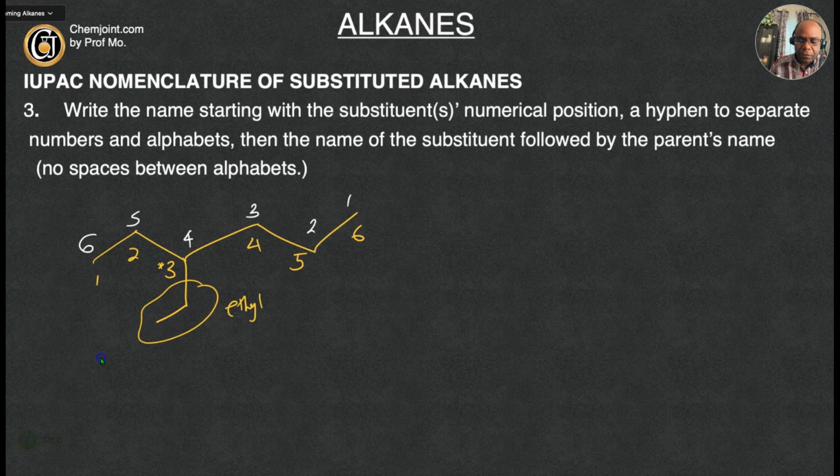The name for this will be 3-ethyl, 6-carbon chain, hexane. I ignore the white numbering because it gives my ethyl 4 instead of 3. Okay, use dashes to separate numbers from alphabets. Usually no spaces between alphabets.